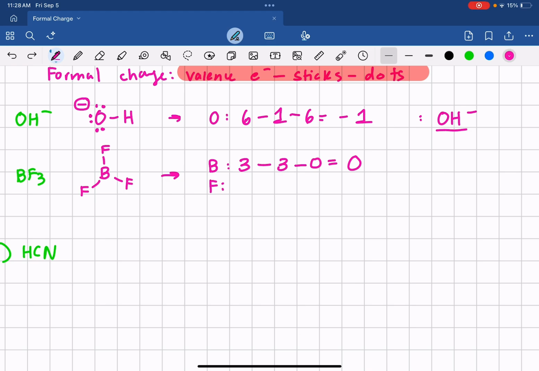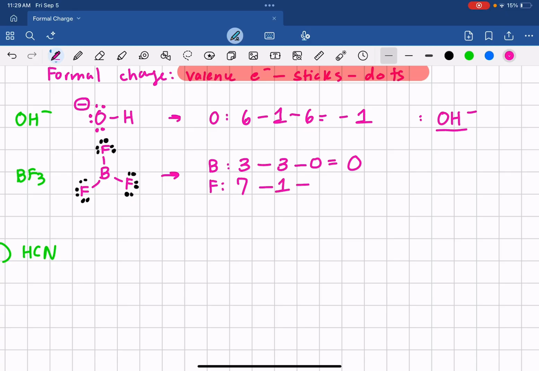Let's fill out the electrons because fluorine has an incomplete octet. 1, 2, 3, 4, 5, 6, 7, 8. Let's do the same for all of them. It requires 6 more electrons. Perfect. Fluorine on the periodic table is in group 7A, so its valence electrons is 7. Minus how many sticks is it bonded to? Only 1.